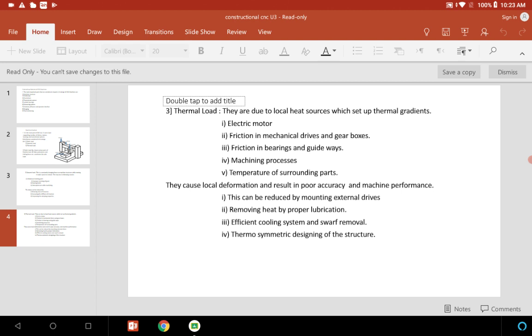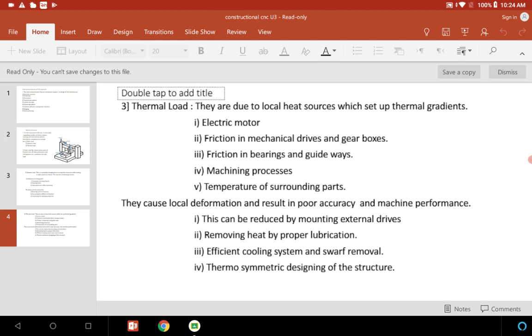And the third type, as you can see here, thermal load. Thermal, as the title name indicates, is heat. This is the load due to heat sources or friction, whatever.